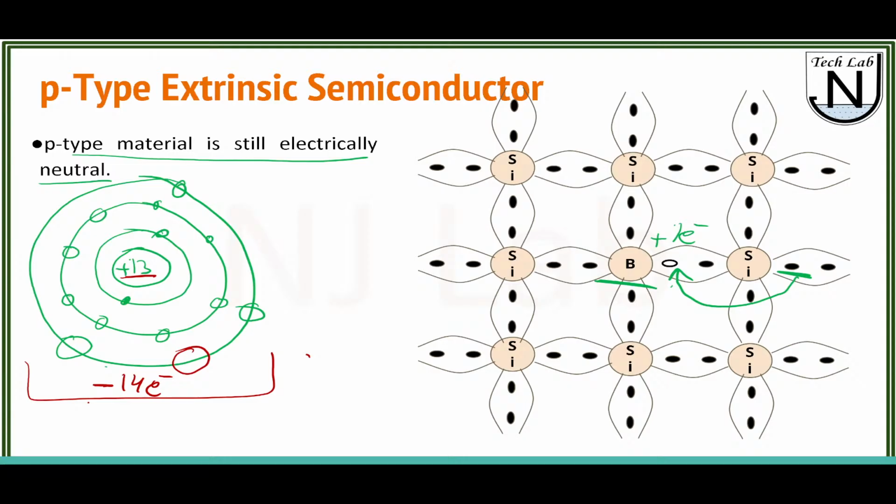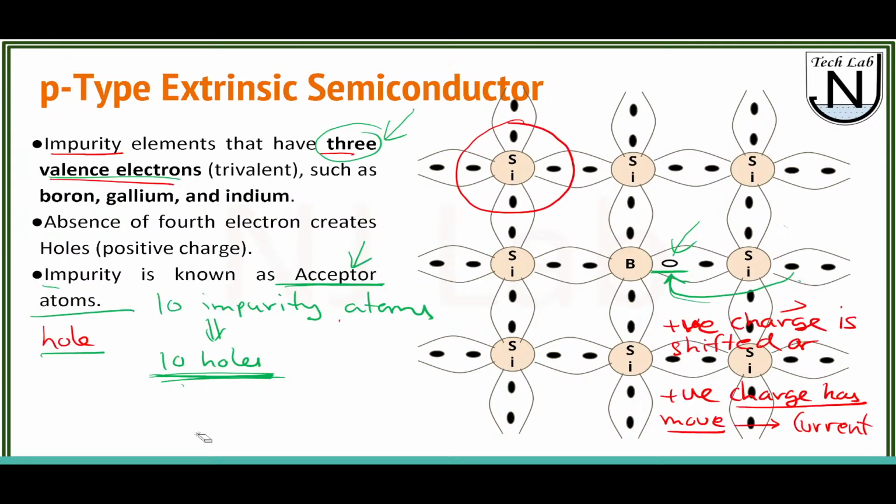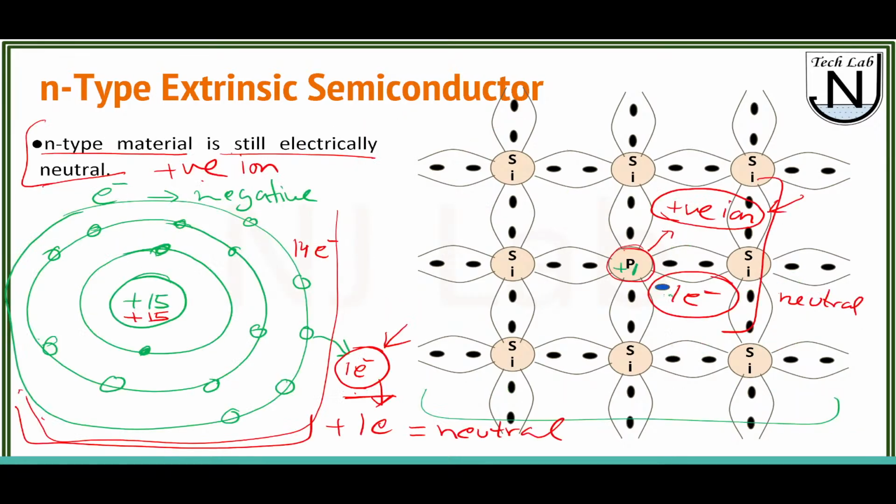So if we talk about the individual impurity atom, once it accepts an electron, it becomes negative, whereas in the n type it becomes positive.